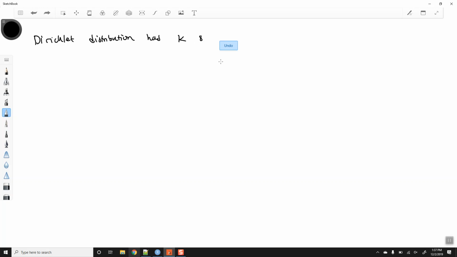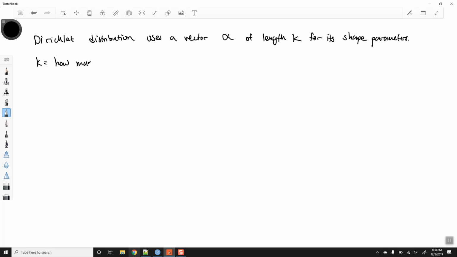I'll say the Dirichlet distribution uses a vector alpha of length k for its shape parameters, with k being how many categories you have.